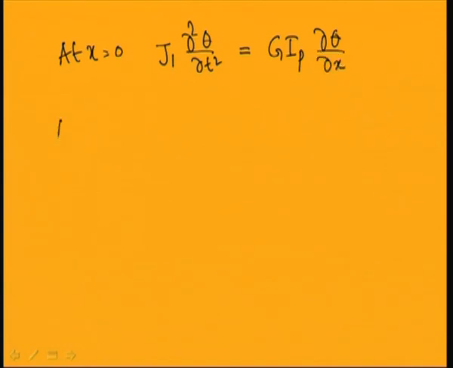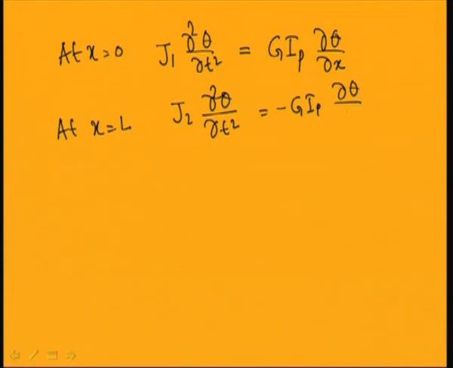For the right end at x equal to L, J2 del square theta by del t square equals minus G Ip into del theta by del x.